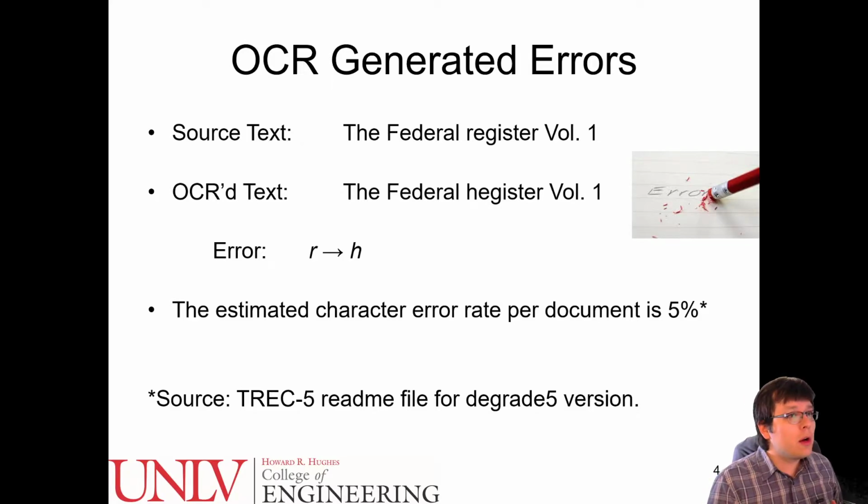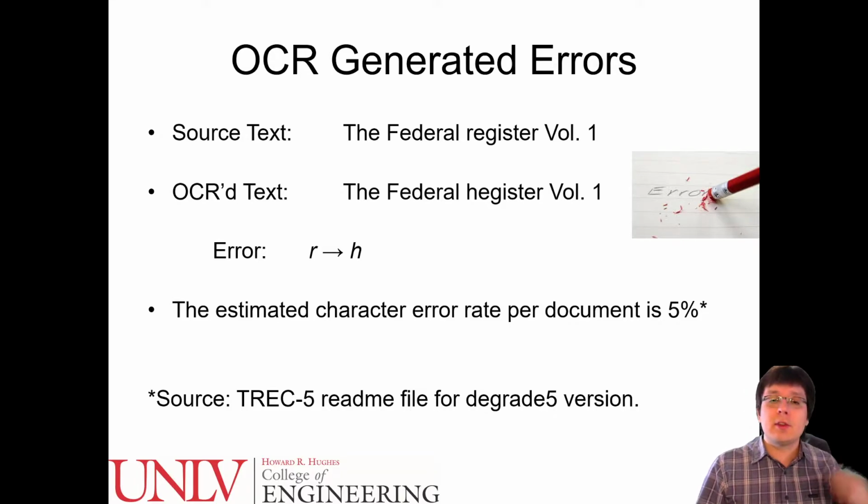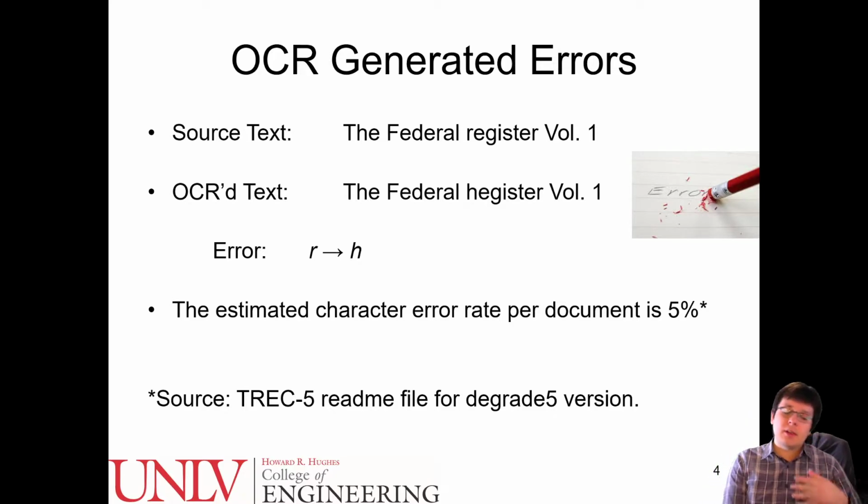So it's more unlikely for that to be a spelling error somebody would make from a typing point of view. From a handwriting point of view, it would be very weird that they just flat out misspelled Register as Hegister. It's more likely that they may have written it and it looks to somebody else like an H. So with that, I want to say that OCR errors are very different than spelling errors.